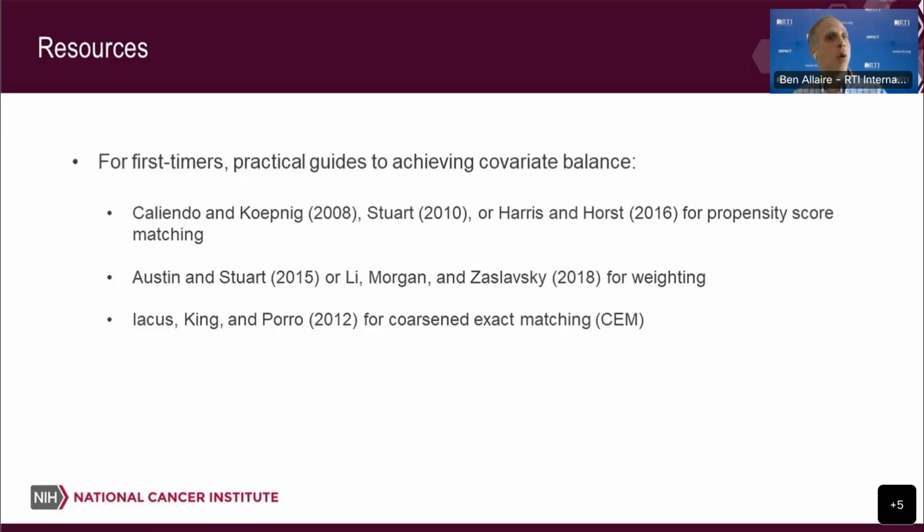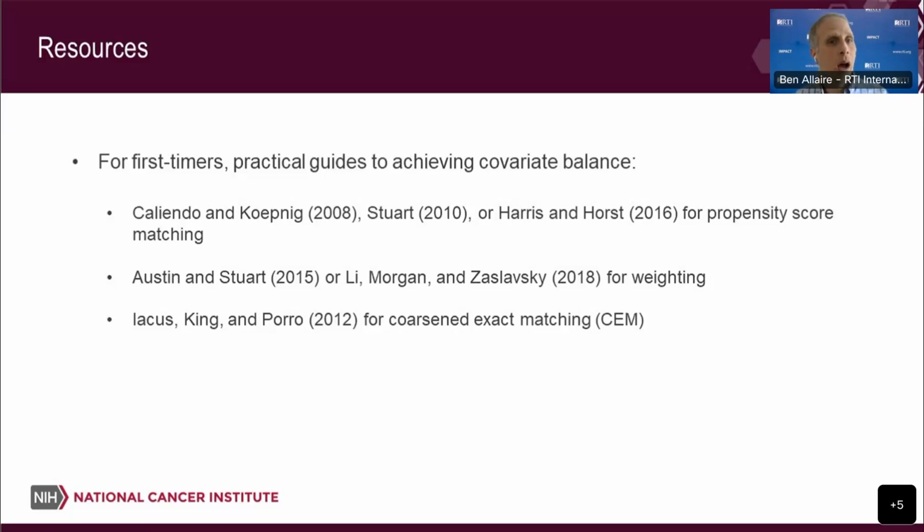If you do decide that conducting matching is really something that you want to do, I really recommend starting there. In particular, the Caliendo Kopnig resource is from 2008, so it's a little bit dusty, but it's very clearly written and is very accessible in my opinion.